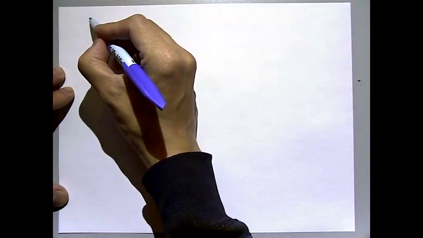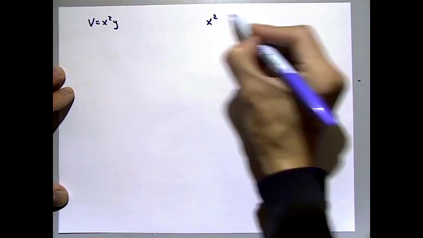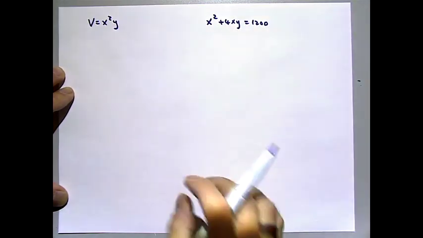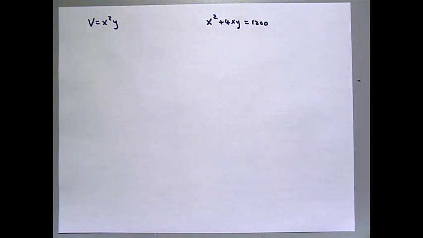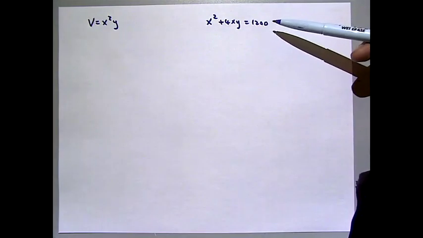Okay, I'll write down the two equations we're working with again. Okay, we've decided we want y to go, so we solve for y from here.